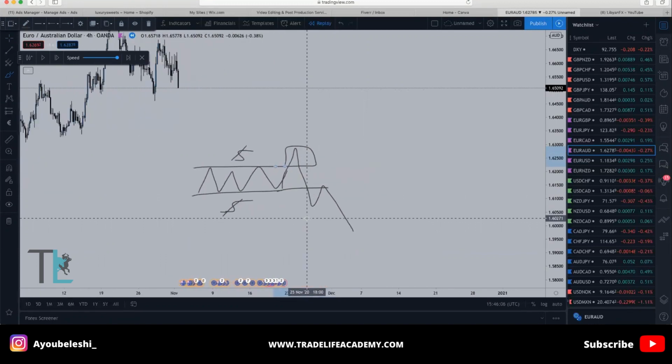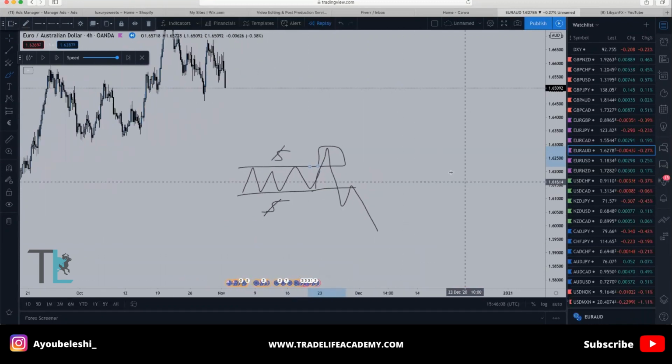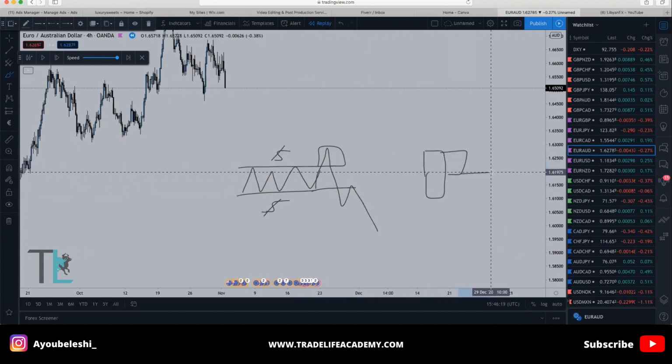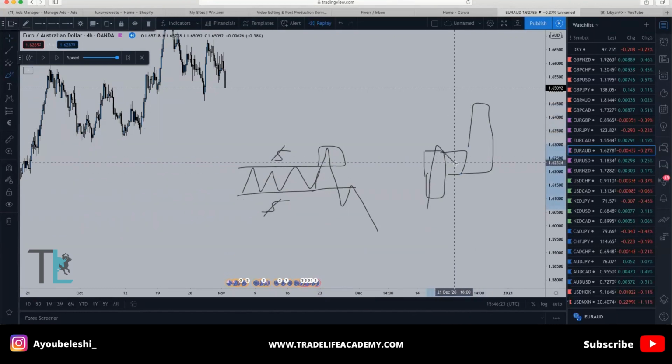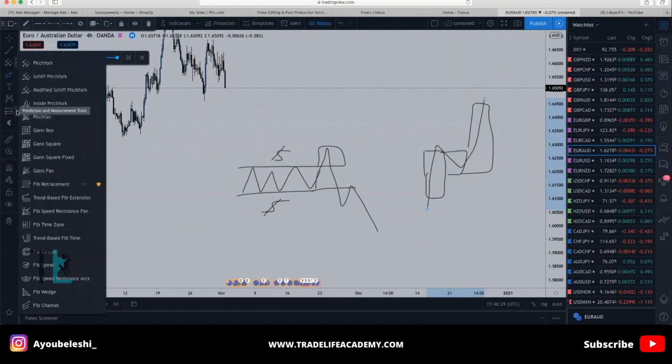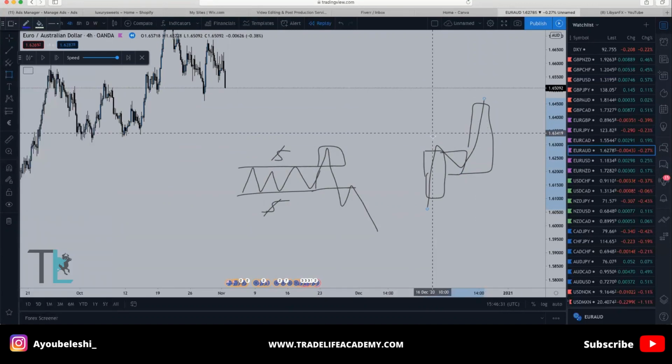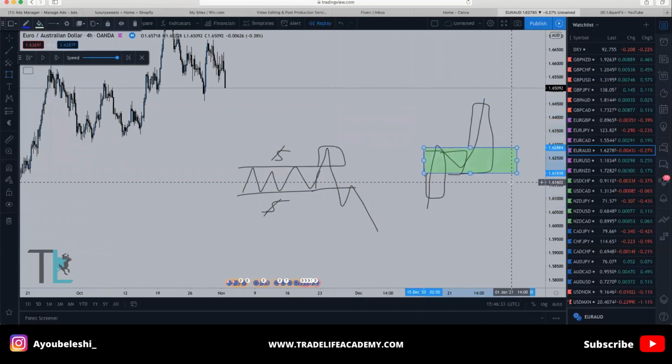There are a lot of forms of institutional candles that you can find. One can be a continuation institutional candle, where you find it like this, and then you're going to see a candle coming back down and another candle going back up. So it'd be up, down, up, and this candle right here will be an institutional candle, and this is the candle that we usually highlight to enter off when we are on the trend.